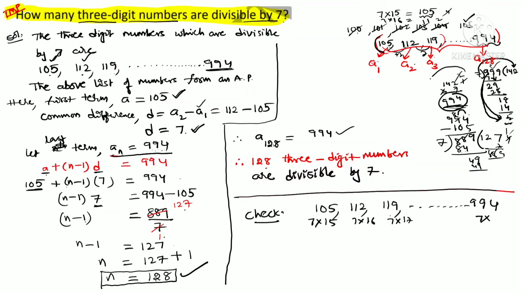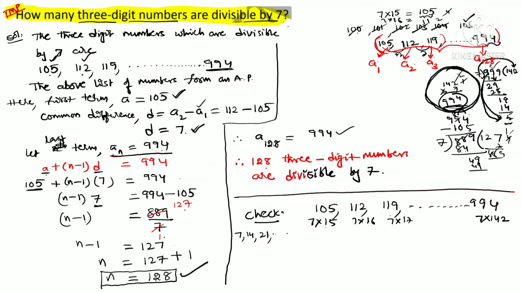994 is 7 into what? 142. How can we guess? If you start with 7, divisible by 7 means we are getting multiples of 7 only. The first multiple of 7 is 7, the next multiple is 14, the next is 21, like that.